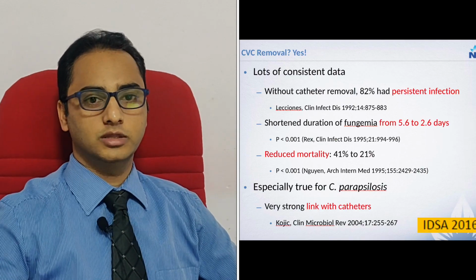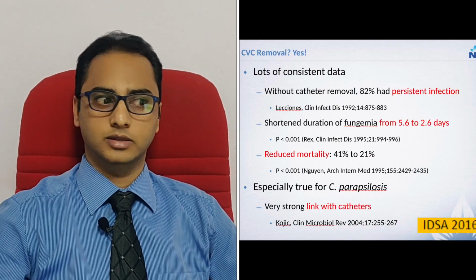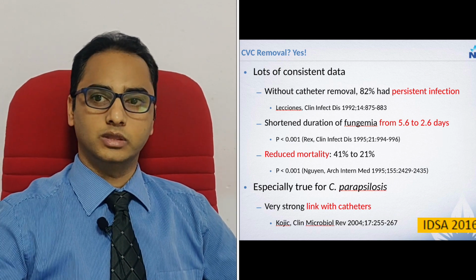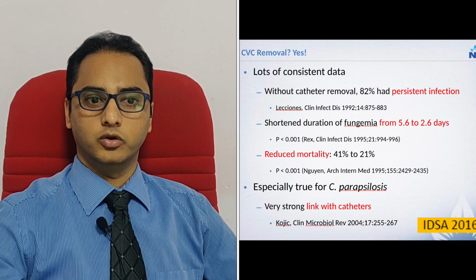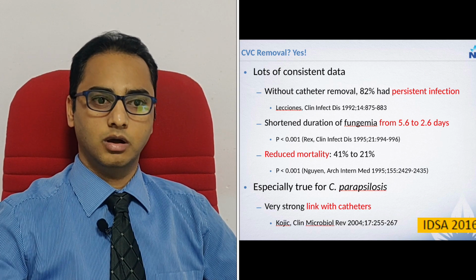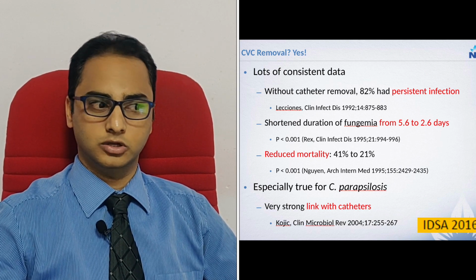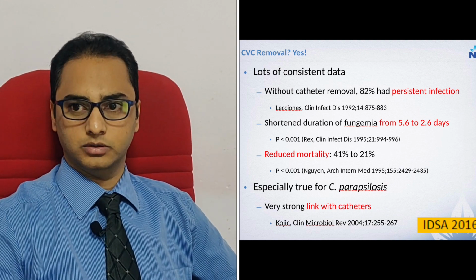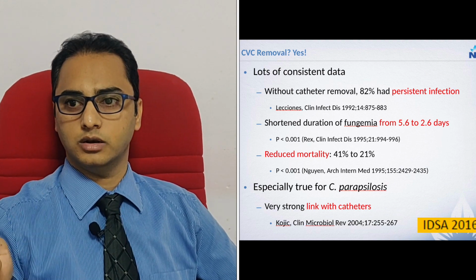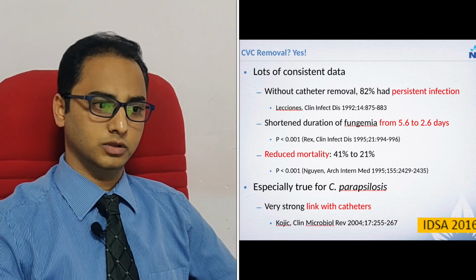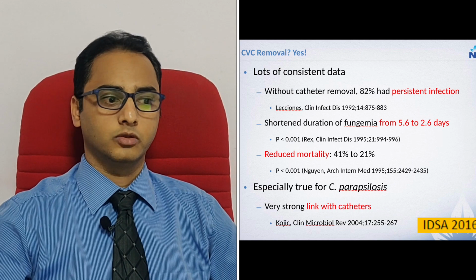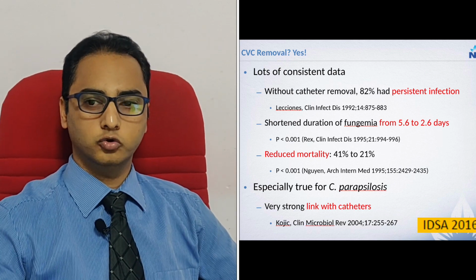Again, the question is about removal of the central venous catheter. There is a lot of consistent data which suggests that without catheter removal, when you suspect a fungal infection or when you have definitive culture positivity, 82% had persistent infection. It's very important to pull out the central line when you have a definitive diagnosis of fungal infection. It shortened the duration of fungemia from 5.6 days to 2.6 days.